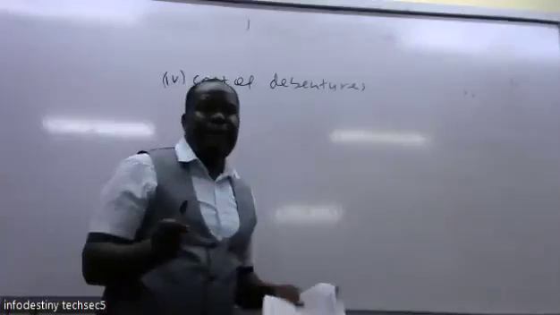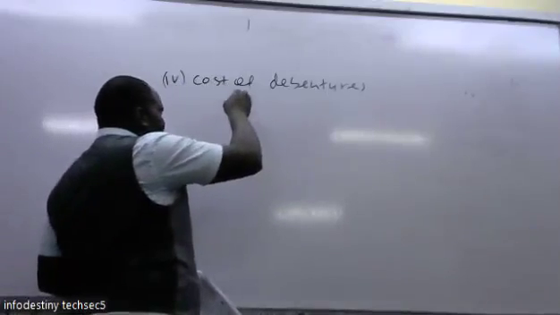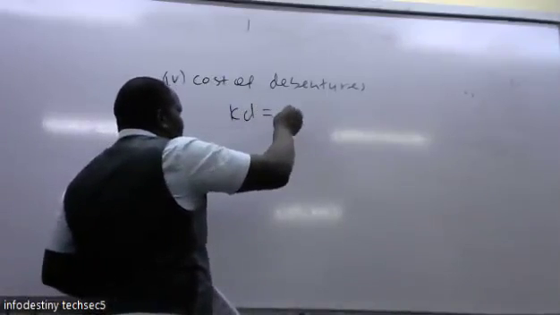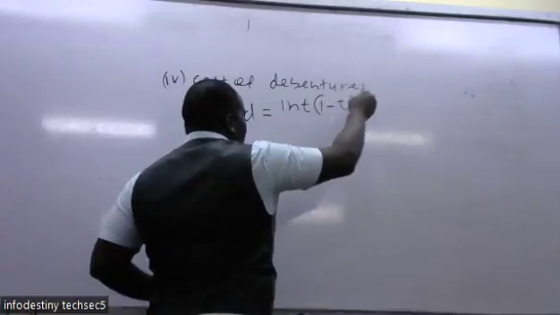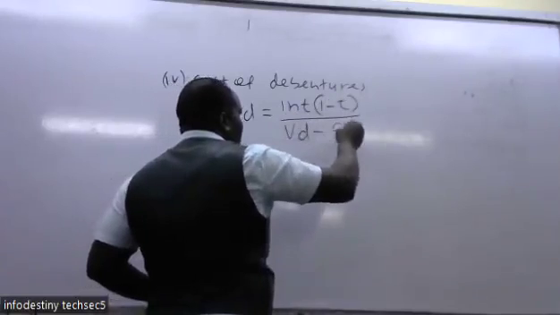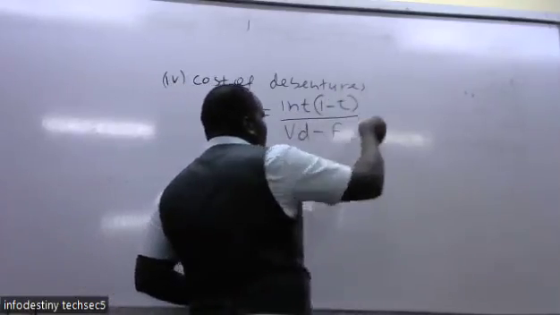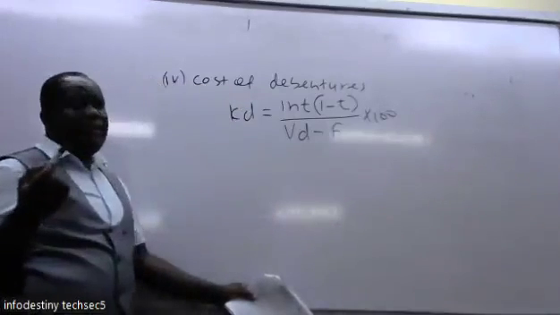So I gave you the formula on how to get the cost of the debenture. Kd should be equal to interest times 1 minus the tax rate, divided by the current value of the debenture minus the flotation cost. Then we express it as a percentage.